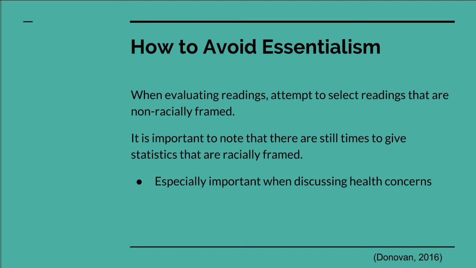And this is where I would hand out my second handout, which is actually the first one on the sheet, and what they would do when they go through this handout would be to evaluate each statistic and determine whether it was racially framed or not. And then if it is racially framed, attempt to decide if there's a way that we could present this in a way that doesn't put down one group or another.